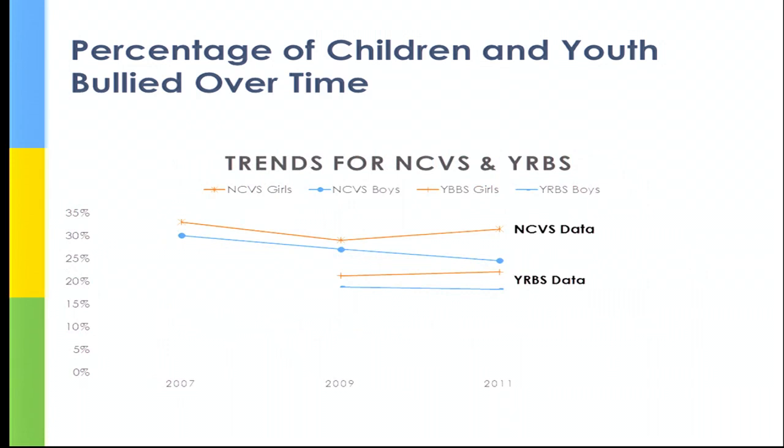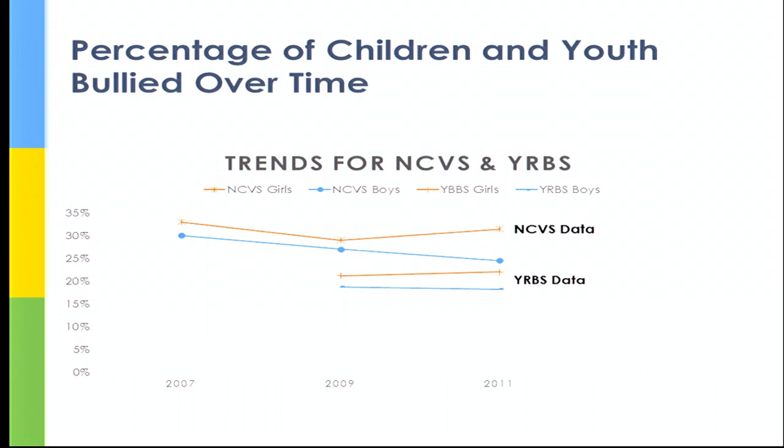Well, looking at the data on the top 2 lines, the National Crime Victimization Survey, overall, data from the NCVS show reductions in the percentage of these 12 to 18-year-olds who said they were bullied at school by about 12% between 2007 and 2011. But while the decreases were steady for boys, you can see that they did not exist for girls.